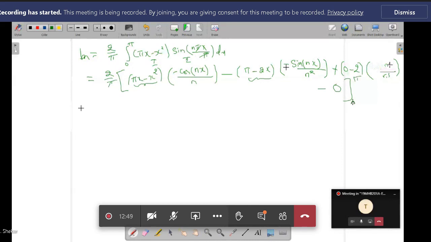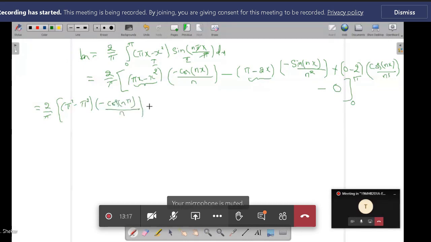So substitute that limit and evaluate. So that equals 2 by pi. Now when you put the upper limit pi, pi square minus x square, upper limit is pi square into minus cos n pi divided by n, and minus, again I am putting the lower limit 0. So when x is 0, this whole thing will be 0 into cos 0, I can write cos 0.